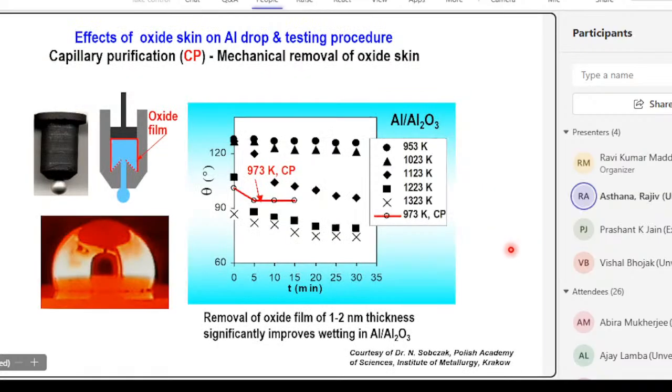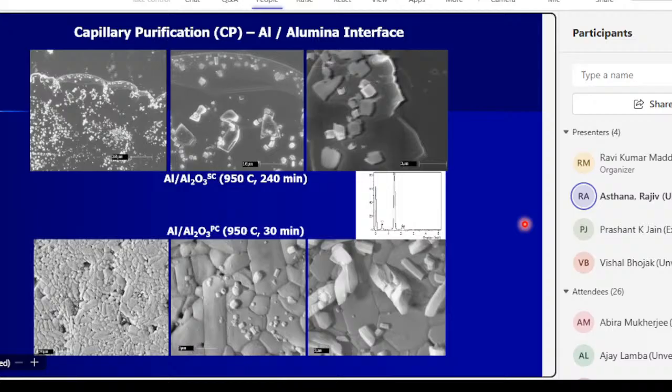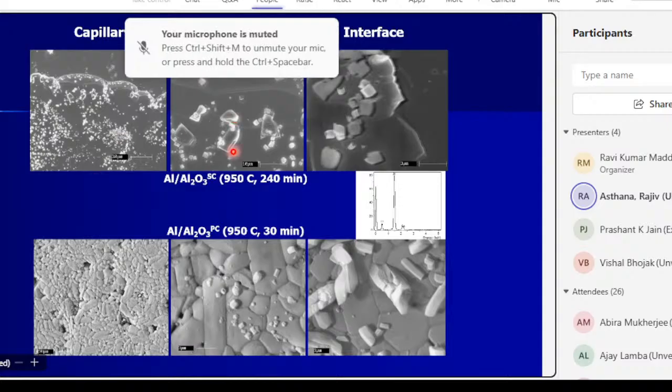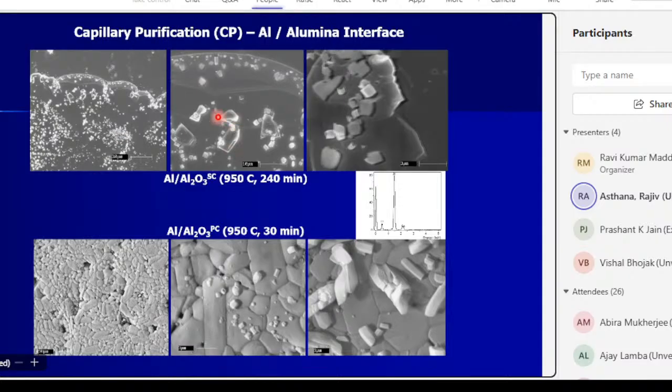So again, the same thing is shown here. When you remove the droplet from the surface of the substrate, you can actually study what kind of chemical interactions took place between the liquid and the solid. So in this case, aluminum that was in contact with single crystal aluminum oxide. The bottom picture is for another case.